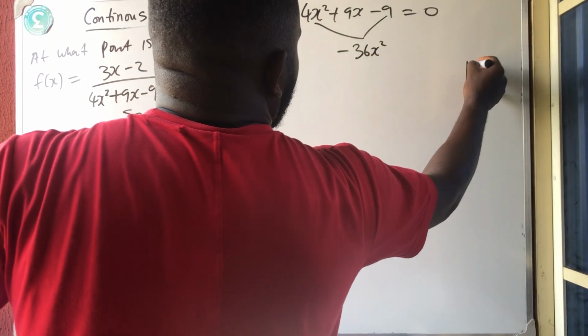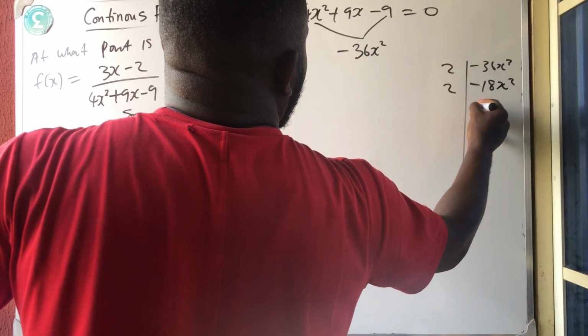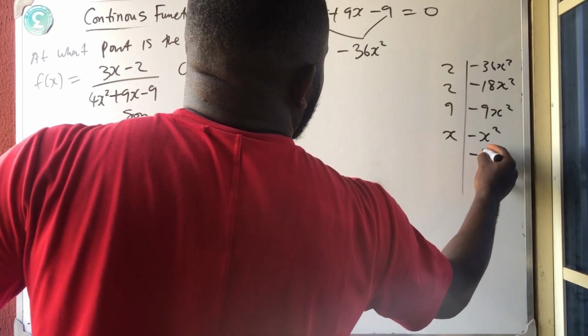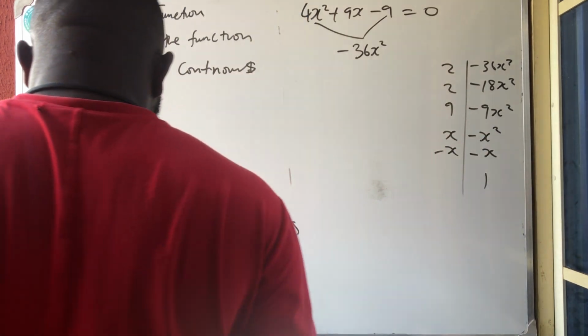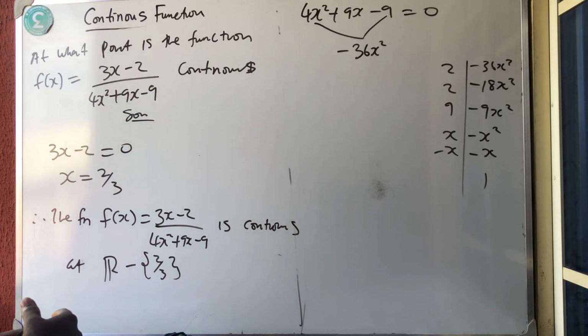So let us share: −36x², divide −18x², divide −9x², divide −x², x, −x1. So I'm looking for the two things to replace it with.